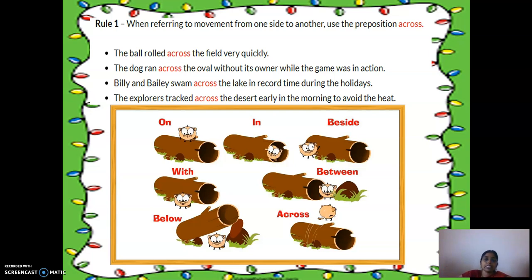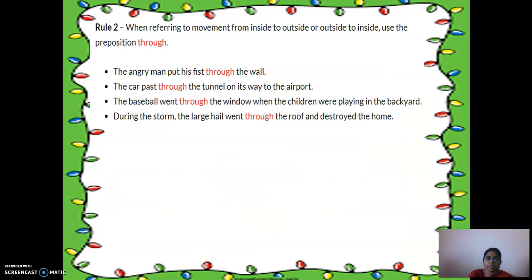Billy and Bailey swam across the lake in record time during the holidays. The explorer tracked across the desert early in the morning to avoid the heat. So, across is the main word here. Across is just moving from one side to another.